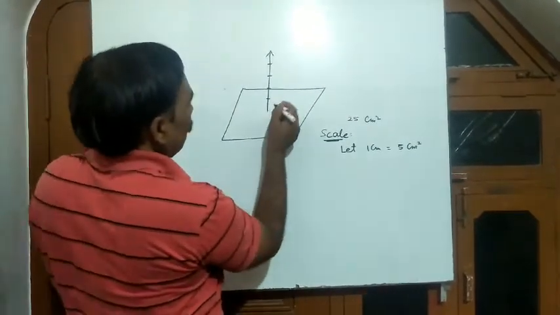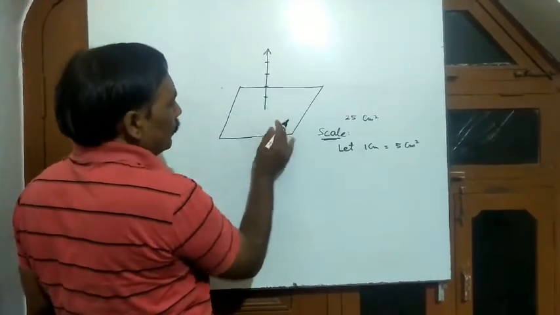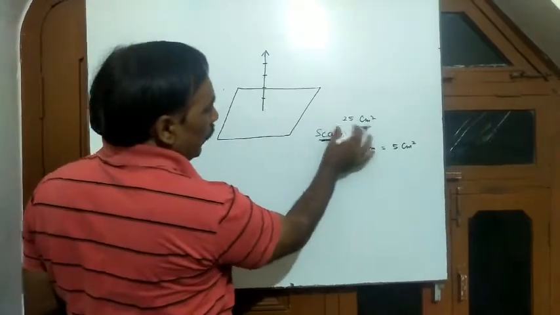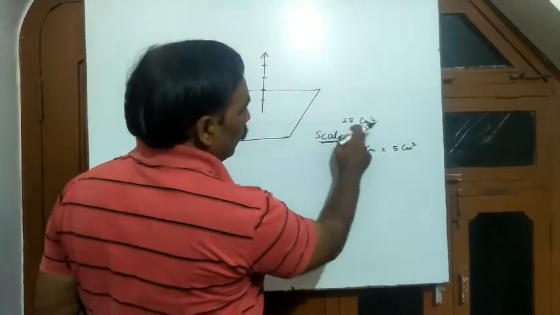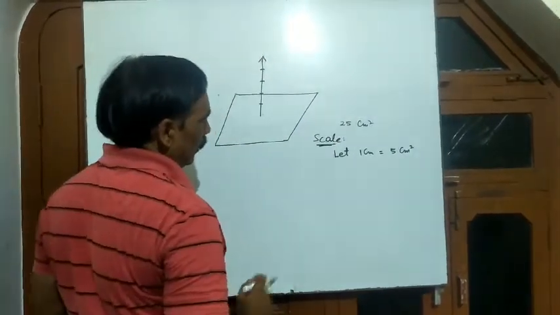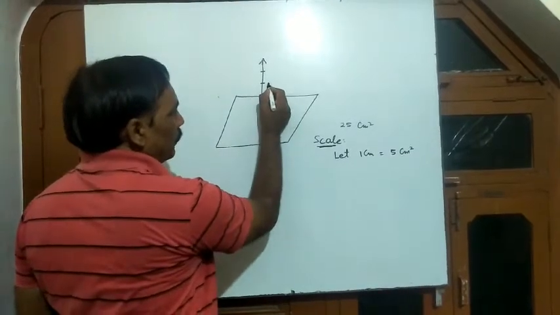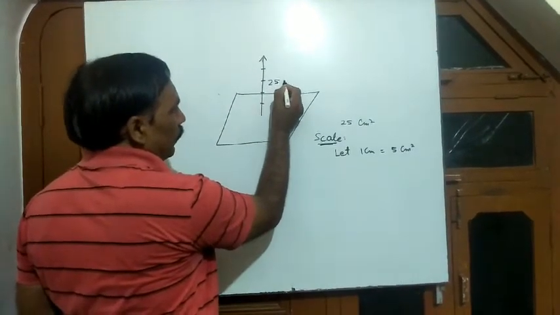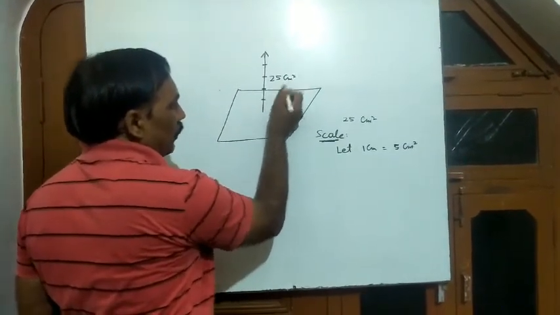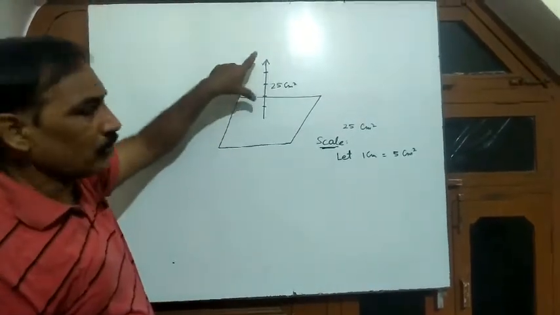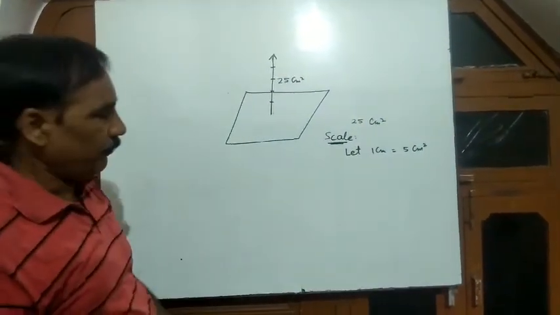So, this is the area vector which has magnitude equal to 25 square centimeter. Clear? You can write it as 25 centimeter square. Its magnitude is 25.